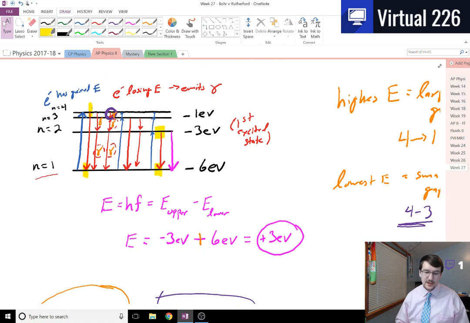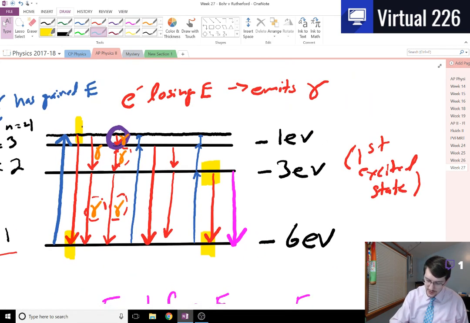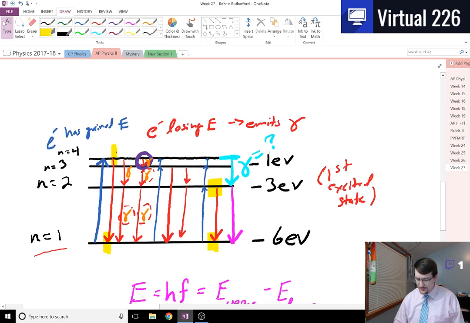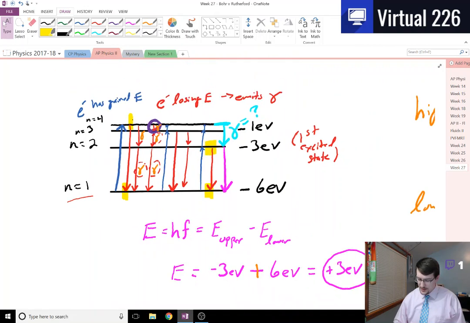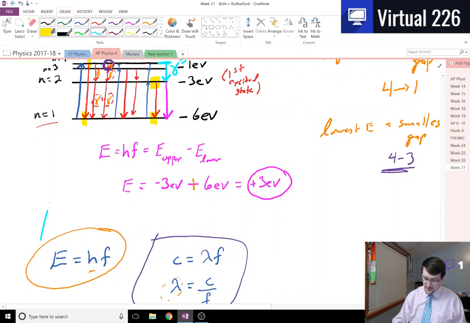If we wanted to see what kind of photon would be ejected from one of these transitions, let's pretend that we had an electron in the N4 orbital and then had it drop down to the N2. What wavelength would that have being kicked out? Now, if we wanted to do this, we just need to see these equations right here.